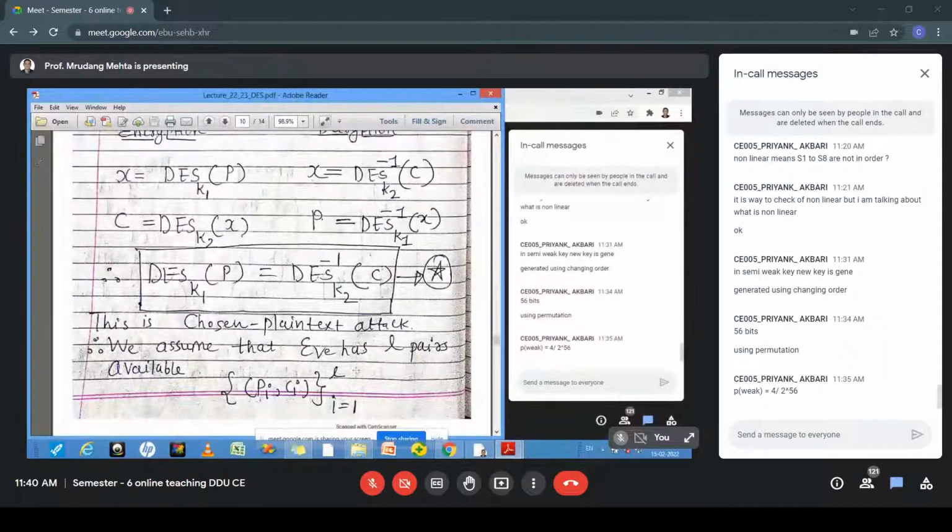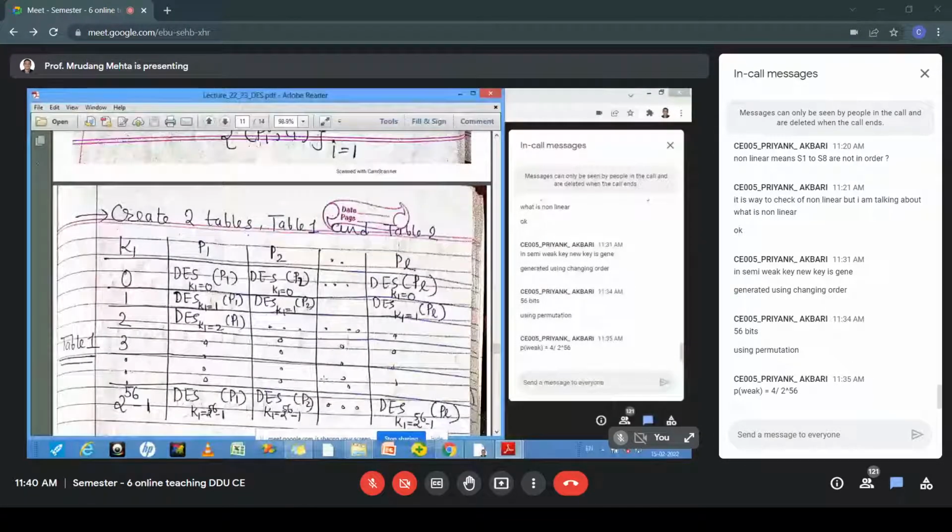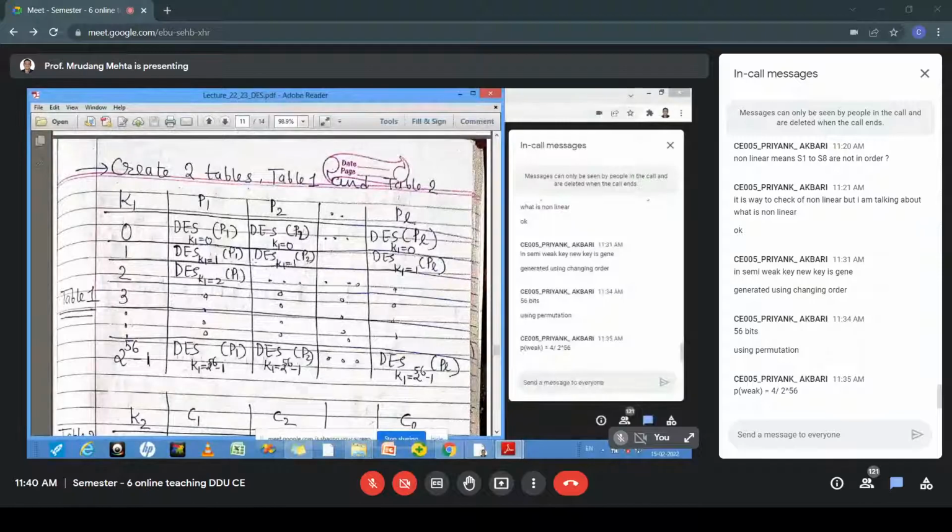This is a chosen plaintext attack, and we assume that Eve has L pairs available. Suppose Pi, Ci pairs are available, L such pairs. So a table can be created, table 1 and table 2, with keys K0 to K of 2 raised to 56 minus 1.